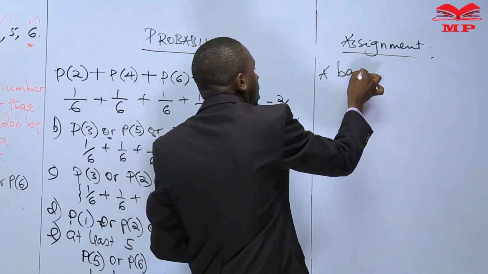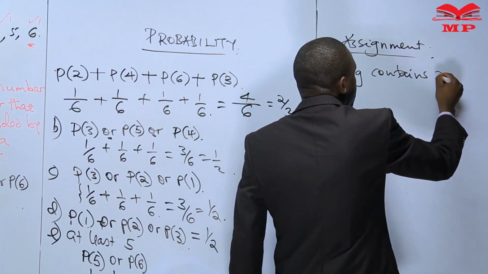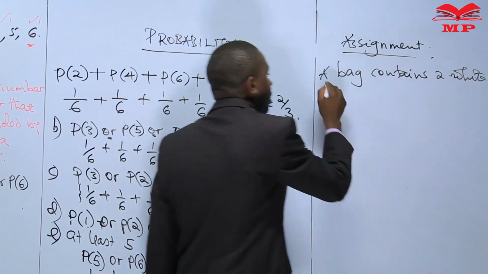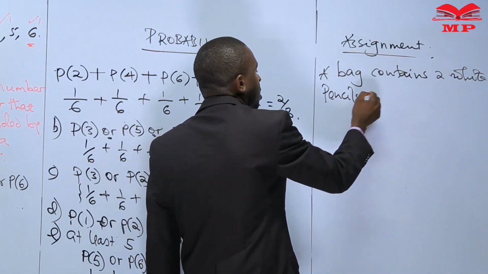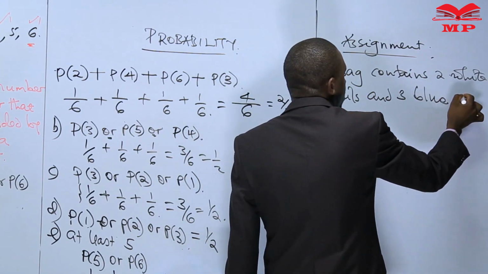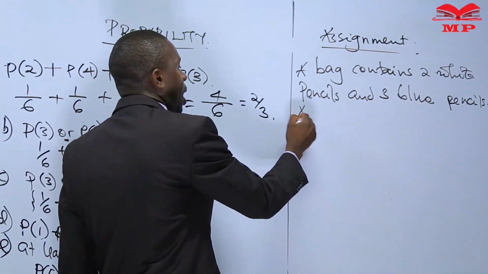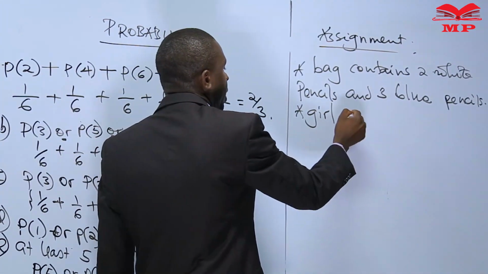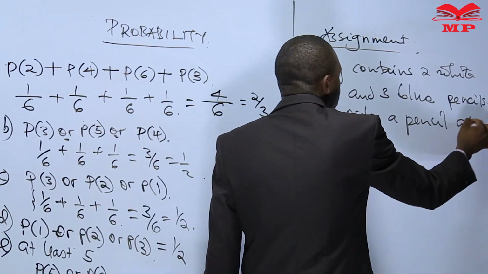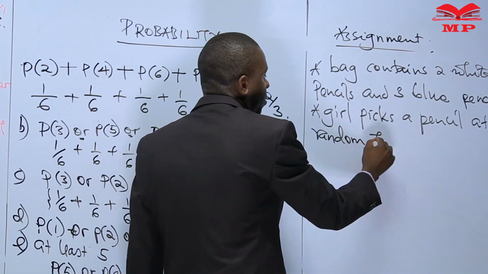A bag contains 2 white pencils and 3 blue pencils. A girl picks a pencil at random from this bag.